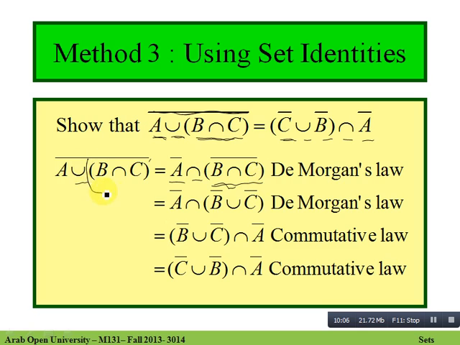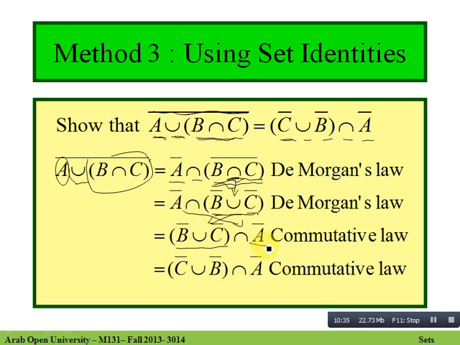This has one element and this has another element. Then if you remove the whole complement from this one, it becomes B complement union C complement. So the intersection becomes union and the complement is distributed. Now this one is the same again: (B complement union C complement) intersection A complement.